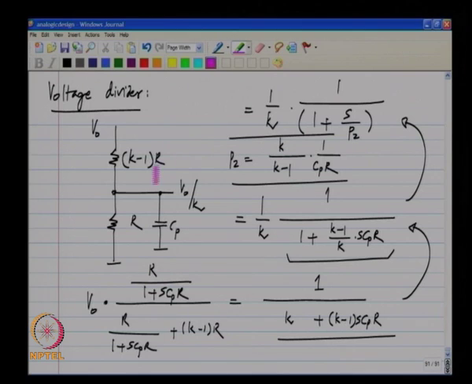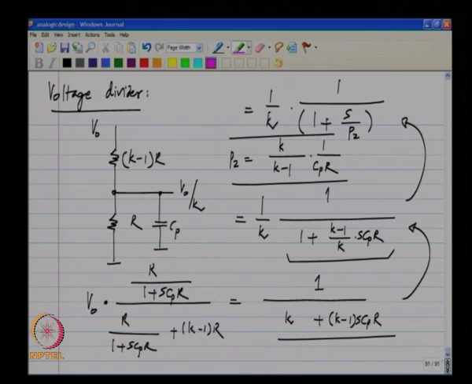We will later do the quantitative analysis and see how the equivalence is produced, but for now just note that if you apply a step to V naught and initially the voltage here is 0, what happens is the capacitor holds the voltage at 0, it does not rise up beyond 0. So, effectively even though you apply an input step, the output is not a step, for some time it will remain at 0 and it slowly increases.